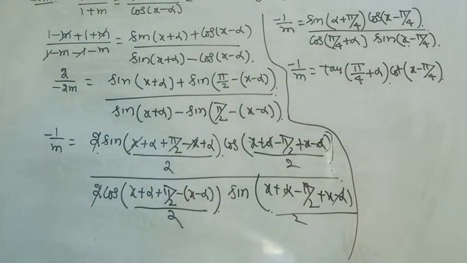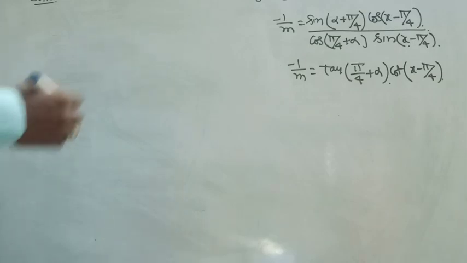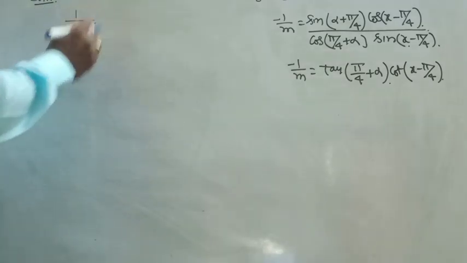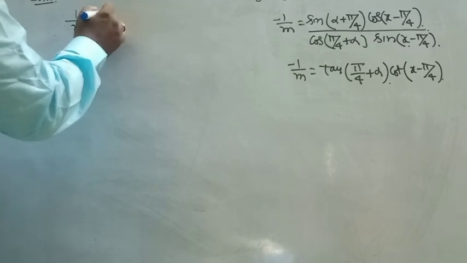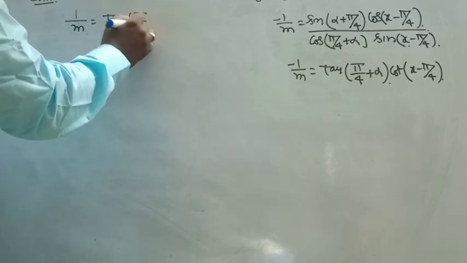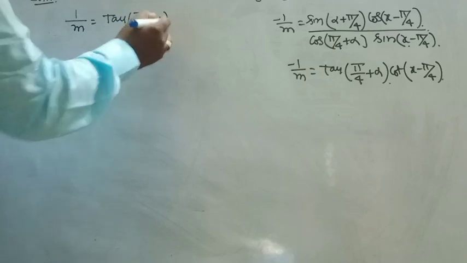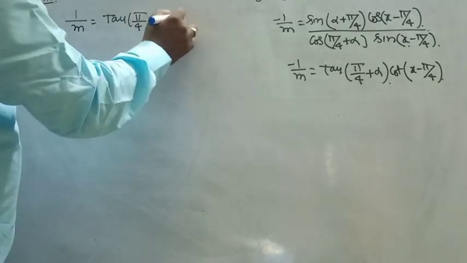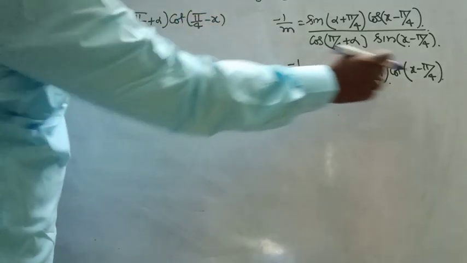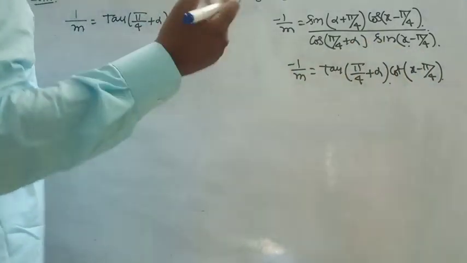Fine. Now see, my dear students, 1 by m, we will take minus. Let us take that to that side, then it becomes tan (pi by 4 plus alpha), and this is now cot of (pi by 4 minus x), because this minus sign we are taking inside. This becomes minus x plus pi by 4.